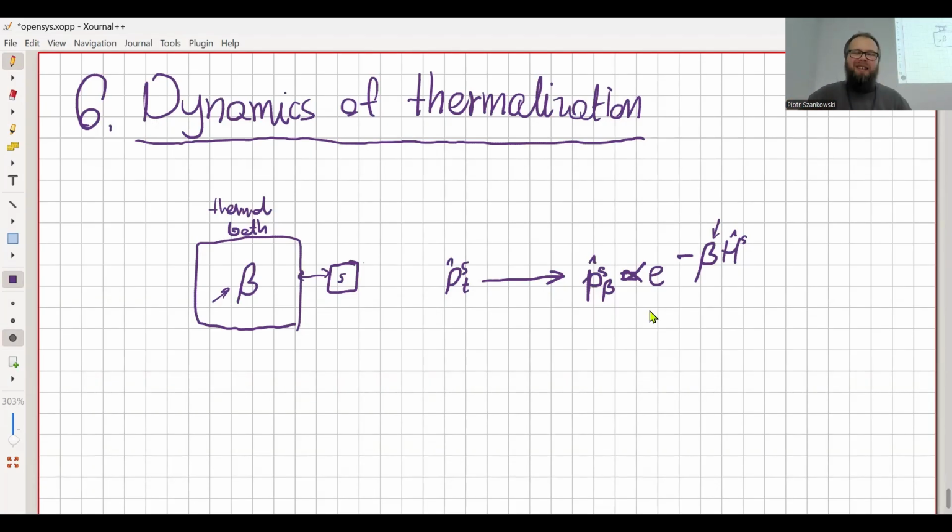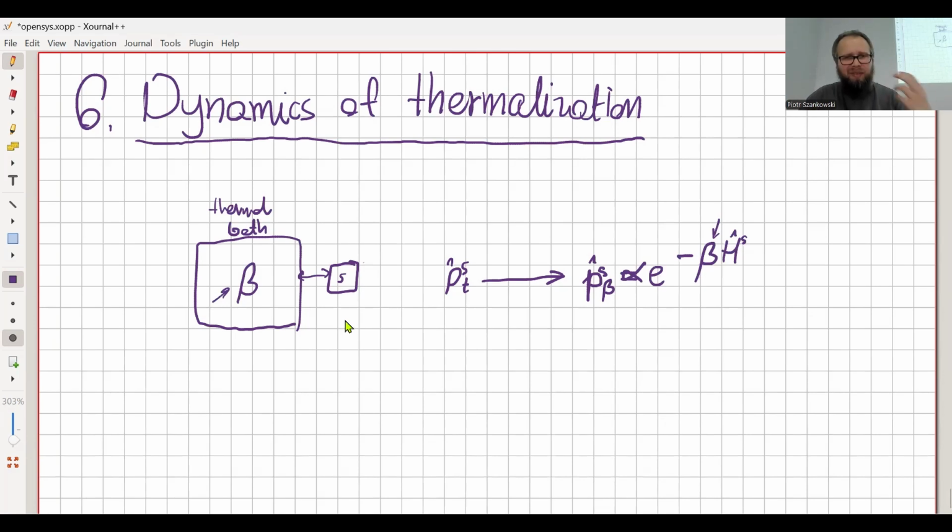Now, from the point of view of open system theory, this is a perfect opportunity to deploy our theory, because we have our system S, we are interested in the evolution of its state, and we have a bath, which is an environment for our system.